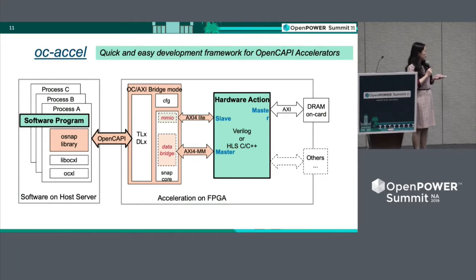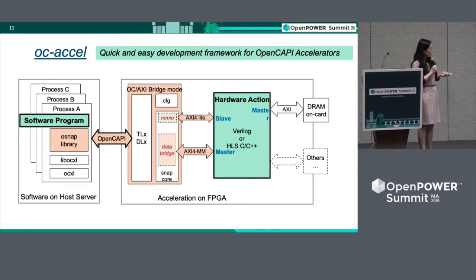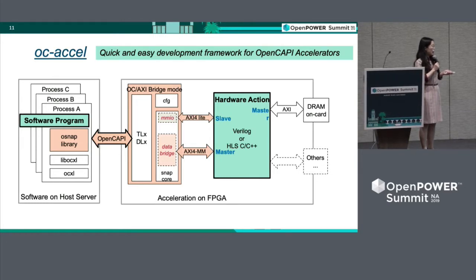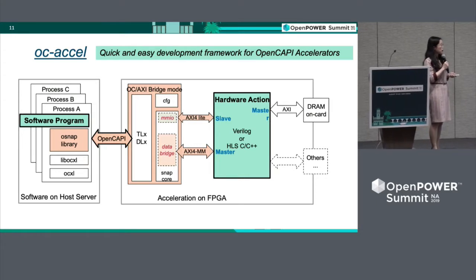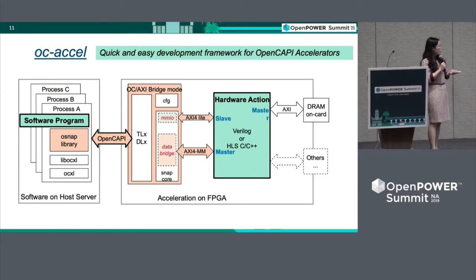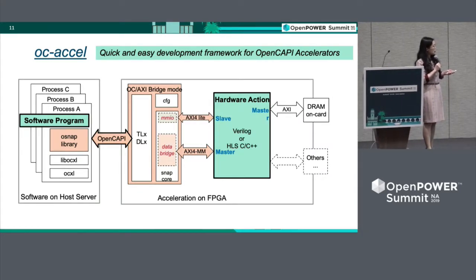We have the OSNAP library, which is a user space library and talks to liboc-accel. Lower, there is OC-Accel, a kernel module, which has already been included in most Linux distributions today. On the right side is the hardware FPGA part.